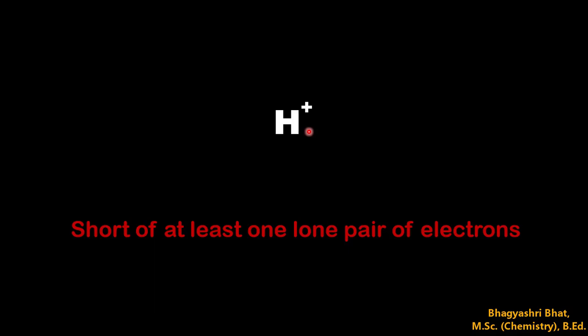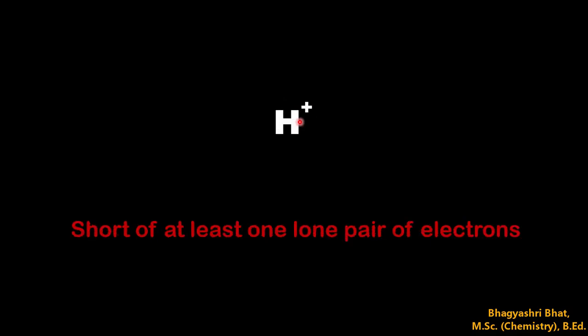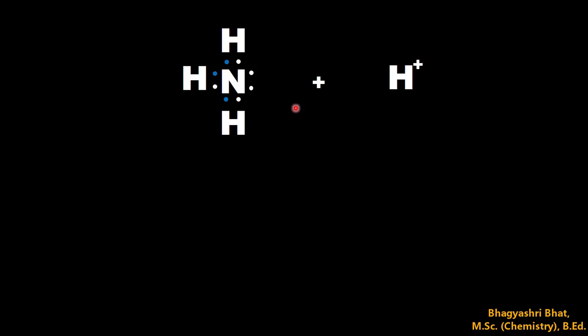It means this H plus is short of one lone pair of electrons. So now we have two species: one which should possess at least one lone pair of electrons, and another species which is short of one lone pair of electrons. These two can bond in this way.